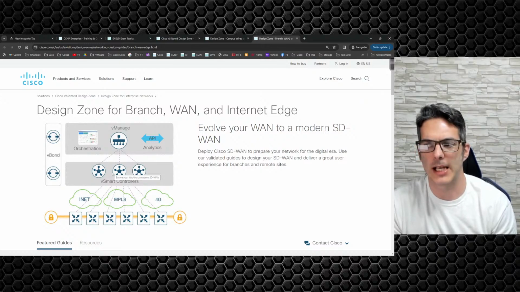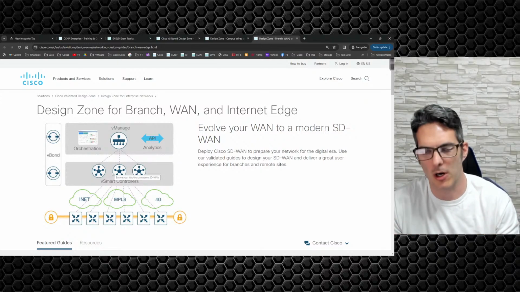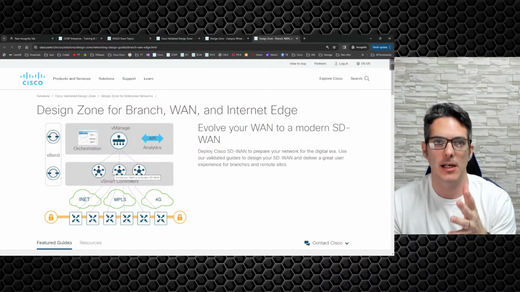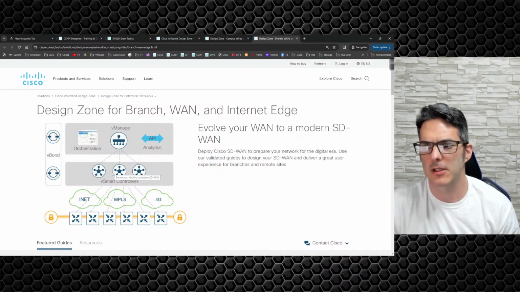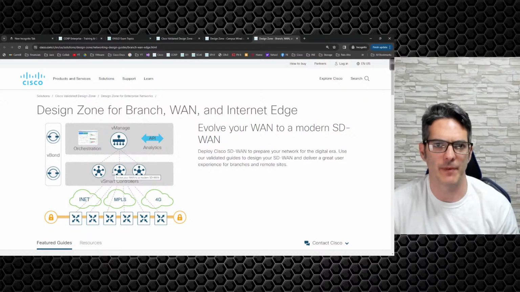Now, are you a candidate for WAN in general? You are. You could deploy SD-WAN to get yourself modernized, if you will, but you might not be taking full advantage of the solution.